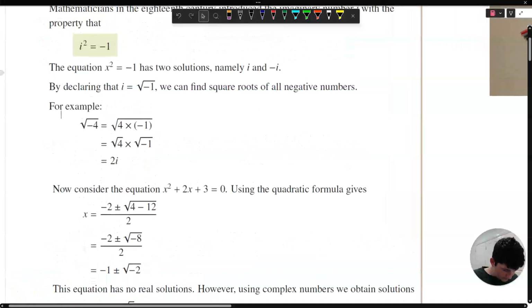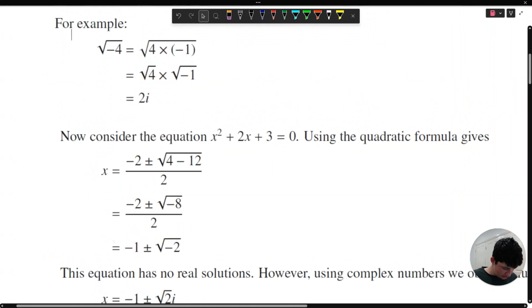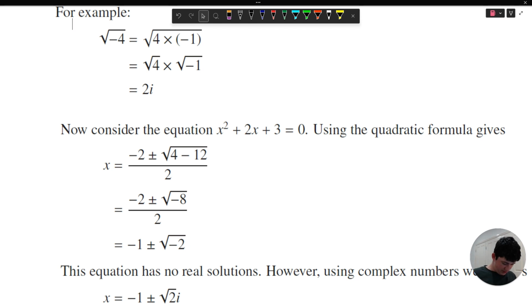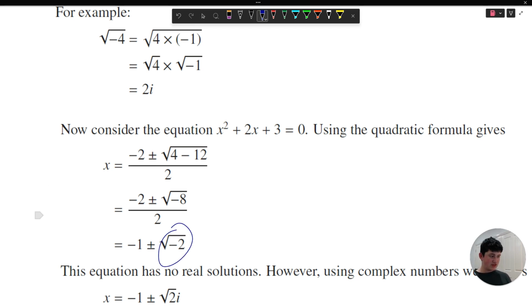Now, the reason we have complex numbers is when you learn quadratics, you know, negative b plus or minus, all that garbage, right? When the discriminant is less than 0, there are no solutions. Well, that's what you learn.